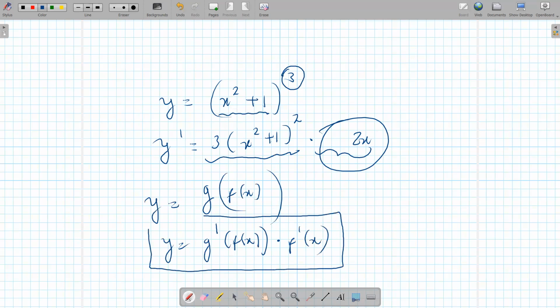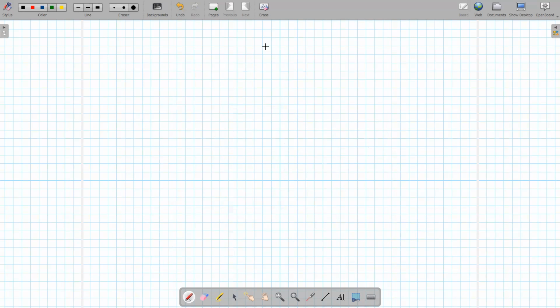That is the general formula. That's basically the chain rule, but you don't have to know this, just understand how it works, okay? This is just for your curiosity. Same thing is going to happen to any function that you take a derivative of.